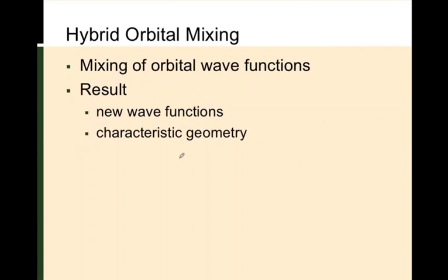Hybrid orbital mixing. So this is the mixing of orbital wave functions. So this results in new wave functions and characteristic geometry. The wave function is going way back to quantum chemistry, the way of describing the orbitals, looking at the quantum numbers. Ultimately, whenever we mix these together to get them to point in a certain direction, we need to add certain amounts of, for example, s character or p character or d character, and that changes their mathematical equation.